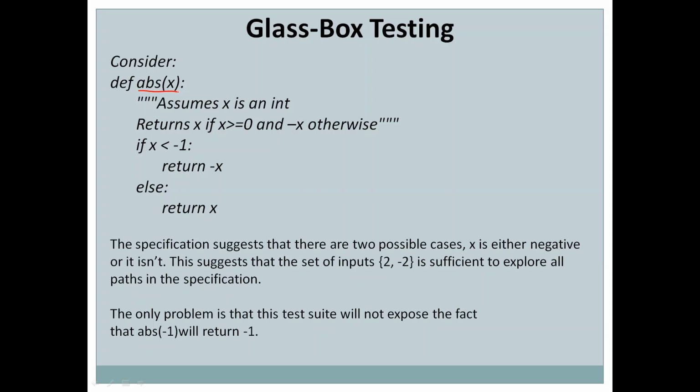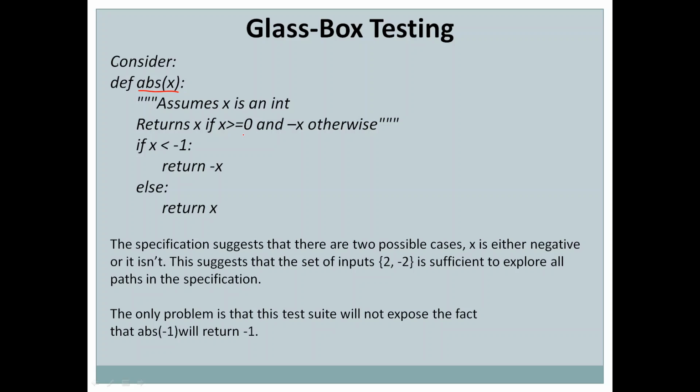If we send a negative value, it simply converts it into a positive number and returns it. And there is some specification given about this particular function. The specification says assume x is an int, so whatever argument we are receiving, that x is considered to be an integer, and this function returns x.